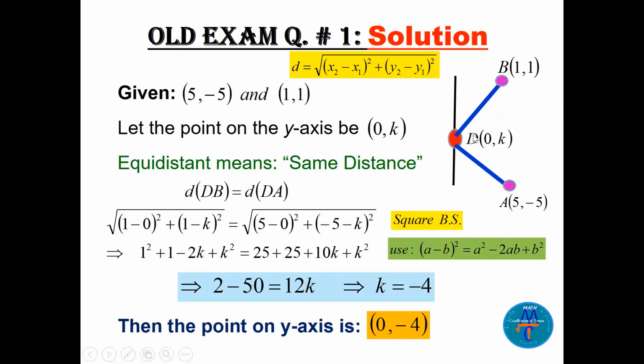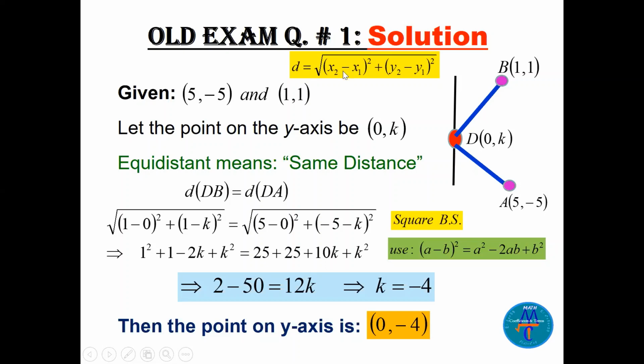And I call this point D, just to make it easy. I have the point (1, 1), I have the point (5, -5). You can draw anywhere you like. The idea is the distance from D to B is the same, equal distance, from D to A.